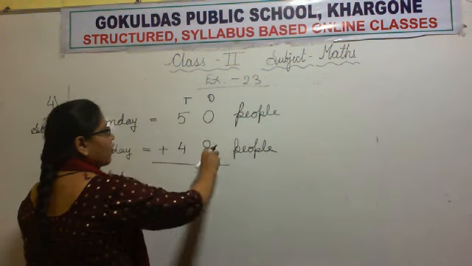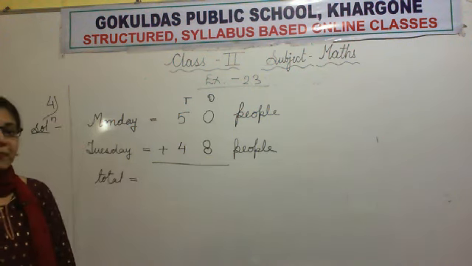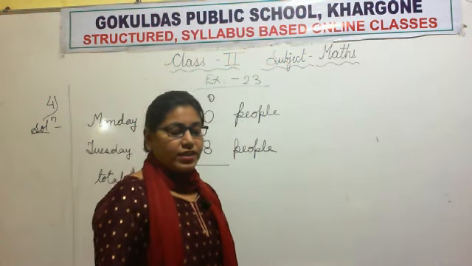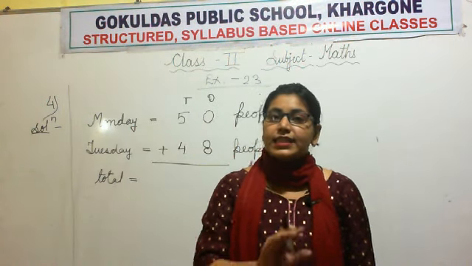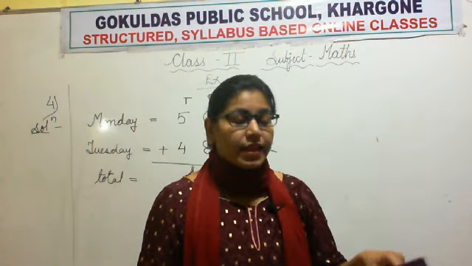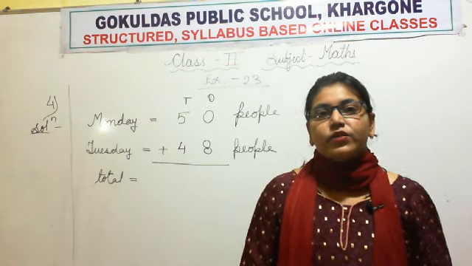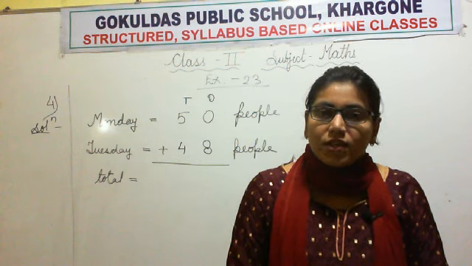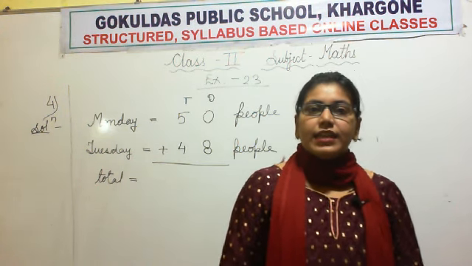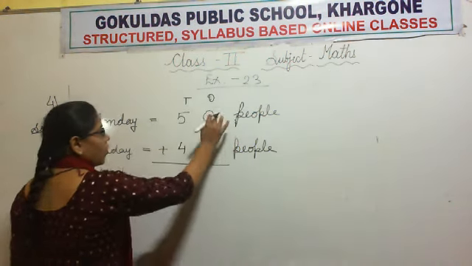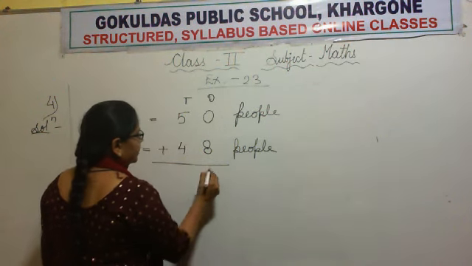Now let's add 0 plus 8. Whenever a number is added to 0, or 0 is added to a number, the answer is the number itself. Remember this property of addition. So 0 plus 8 is 8.